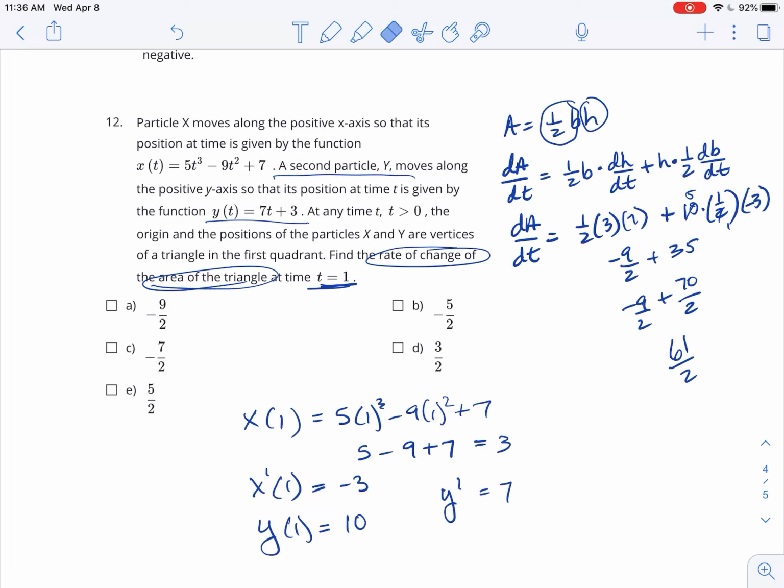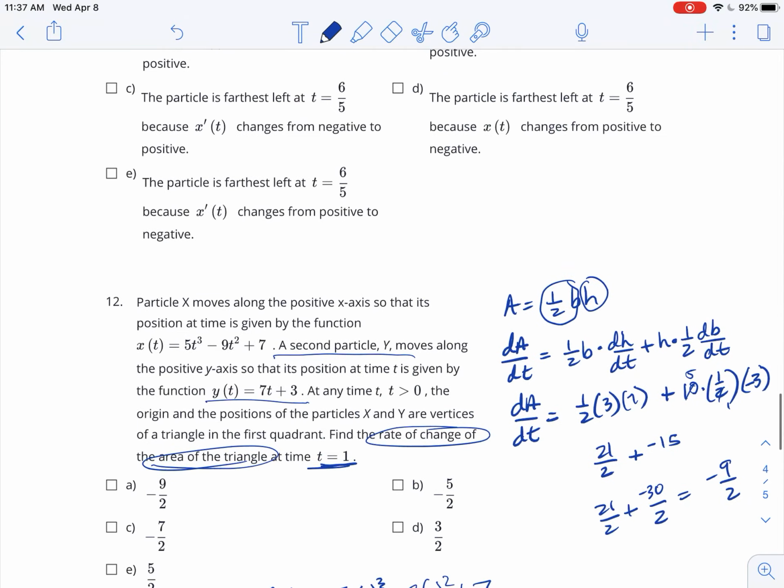I put my numbers backwards. And that should be -3. So, quick fix. So this is 21 halves, -15. So 21 halves plus, and that's going to give you -30 halves, which is going to give you -9 halves.